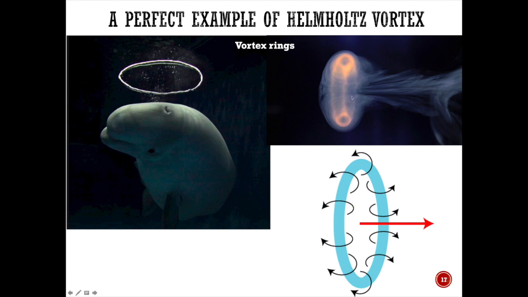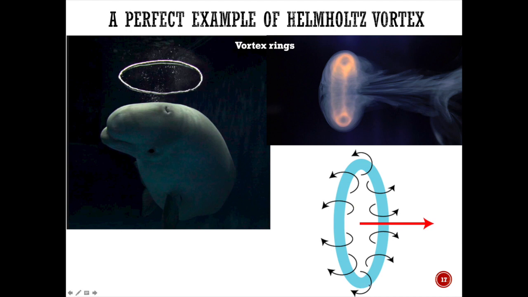Right. And if you go to YouTube, you'll find a lot of vortex cannons, which generate vortices, and that's an example of a Helmholtz vortex. These vortex rings are a very interesting phenomenon. Smarter Every Day, one of the YouTube channels, has a very good video on vortex impingement. I would recommend you go and watch that.